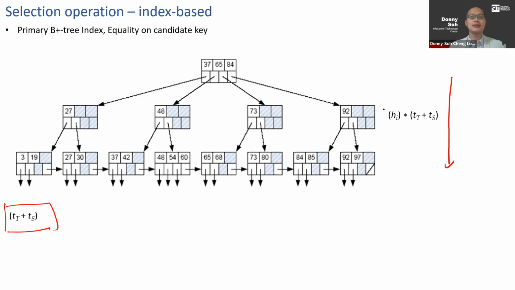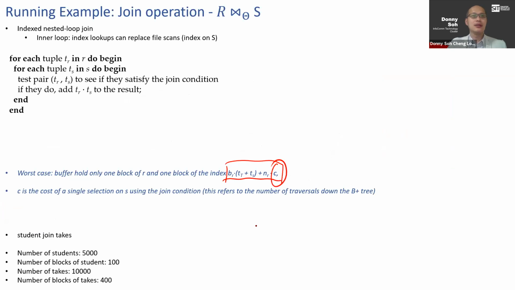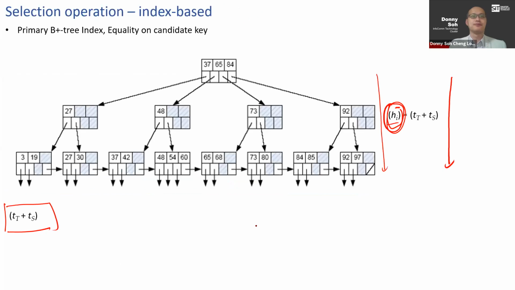Recall that there's a cost incurred as you traverse down the tree. In the last few lectures we didn't go into detail on this, but we need to calculate it based on the height of the tree. To understand this formula, it's easier to go through an example.